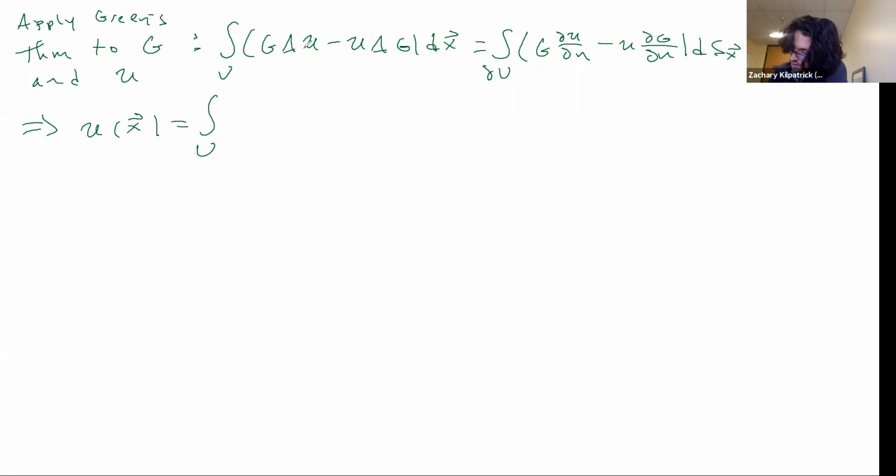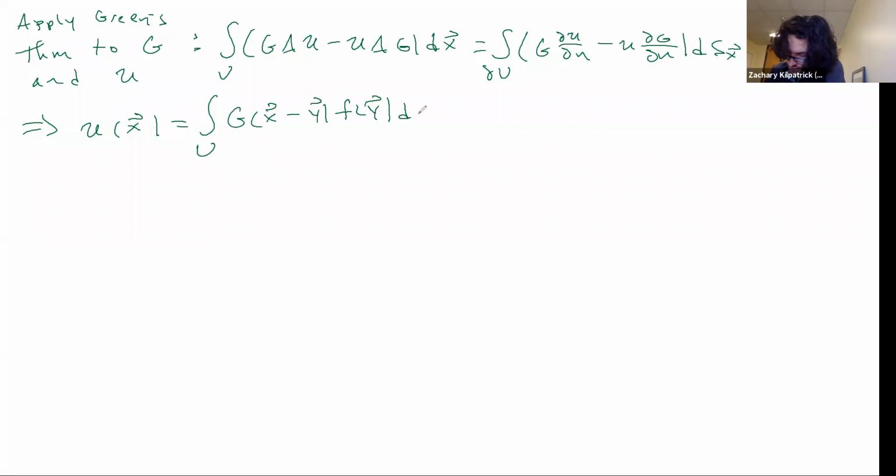This is going to be the Laplacian of U here, and then we have just our function G, which is our Green's function, and it is going to give us an integral of G against our inhomogeneity.